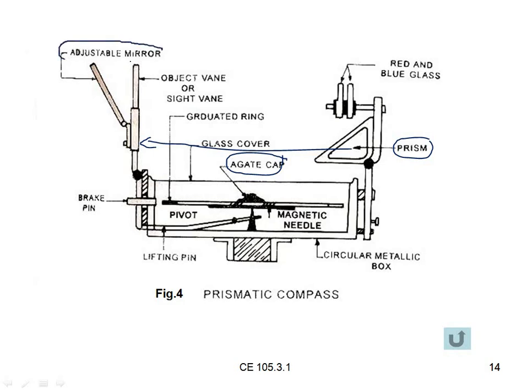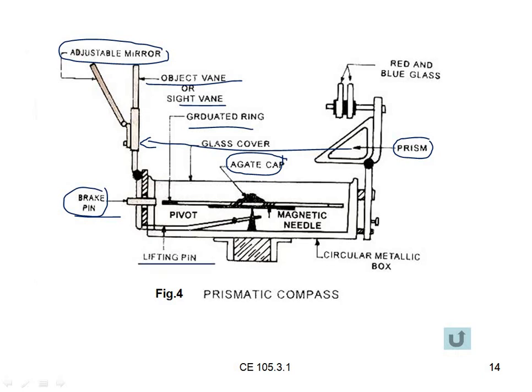And this is the adjustable mirror, with which we can adjust the image. Next, this is the object vane or side vane, graduated ring, and brake pin. The brake pin is used when the needle is moving left or right; if you press this brake pin, it will stop.